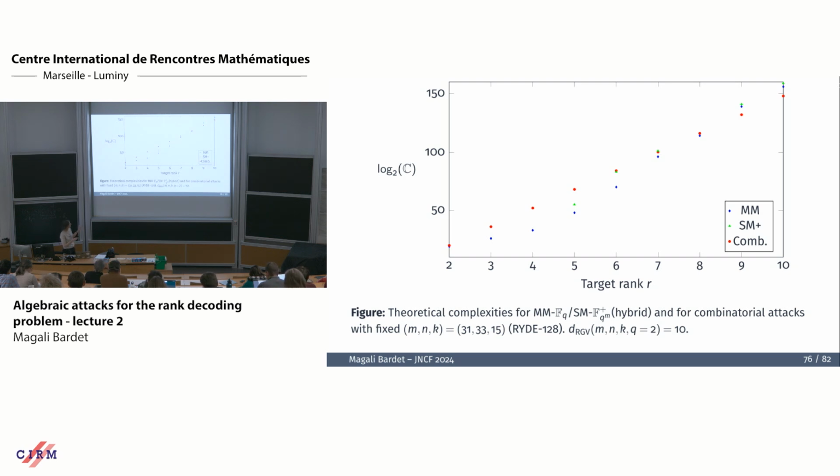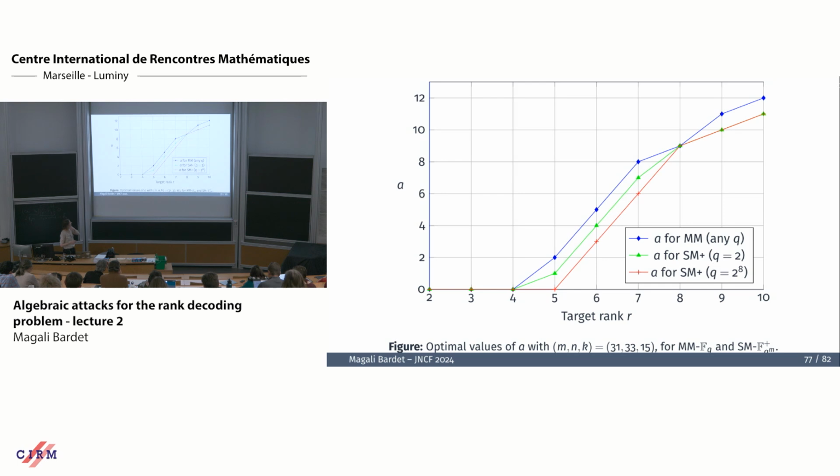And so for the RYDE signature scheme submitted to the NIST, we choose the maximal possible values for r, so the security level is very high. And here I plot the part of the combinatorial approach in the hybrid approach. So this is the value of a we need to choose in order to be able to solve the system.